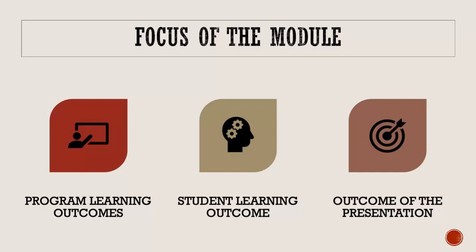The learning activities for week 7 are presented to help you achieve the student learning outcome, analyze inequities in society, and identify the role of engaged citizens in a democratic society. The outcome for this presentation is students will analyze inequities in society and understand their role in identifying and solving injustices in their community.